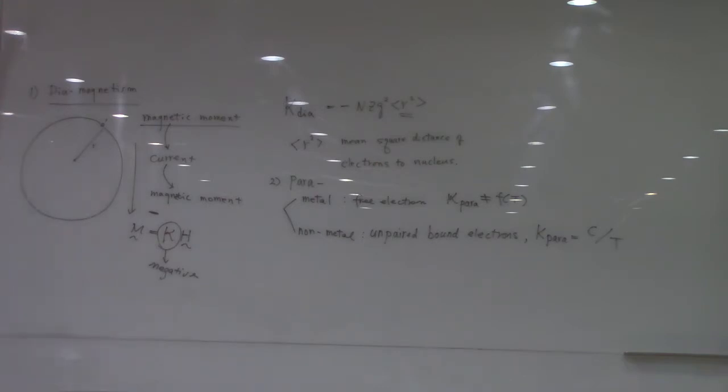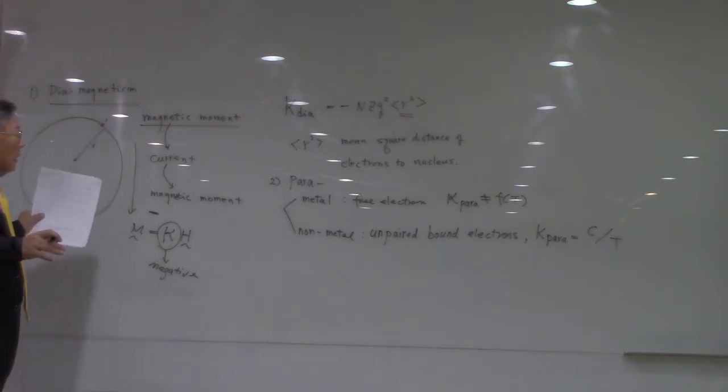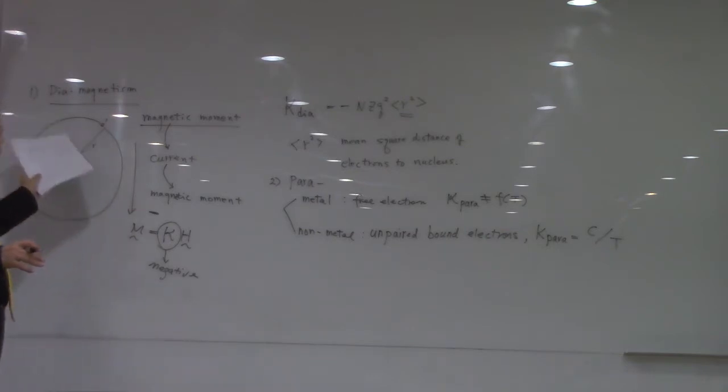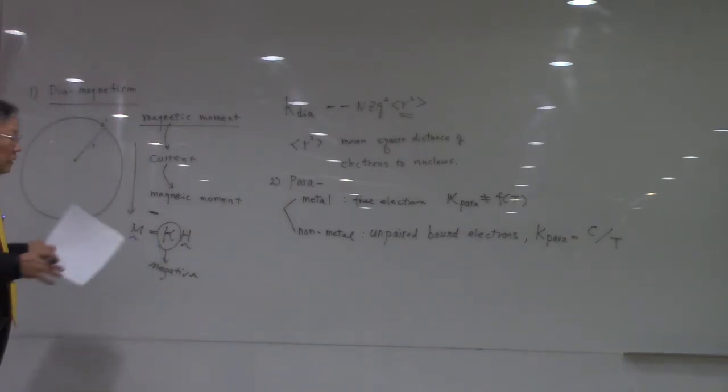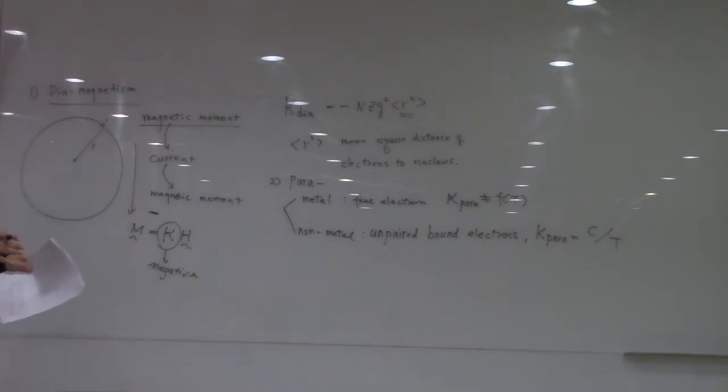So every material is going to have diamagnetism and paramagnetism in itself because they are inherent properties.